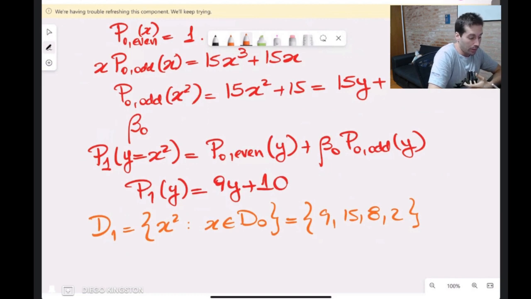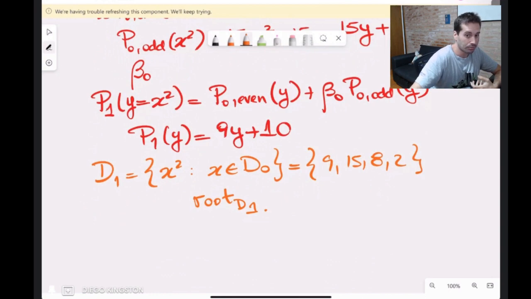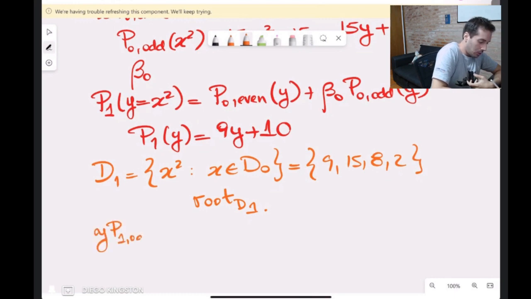So now that we have P1, we can do the same. We can perform the low degree extension by evaluating over D1 and generating a Merkle tree and sending the root of D1. And now we can apply the split once again to arrive at a new polynomial. So this time P1 odd of y is simply 9, and P1 even of y is simply 10.